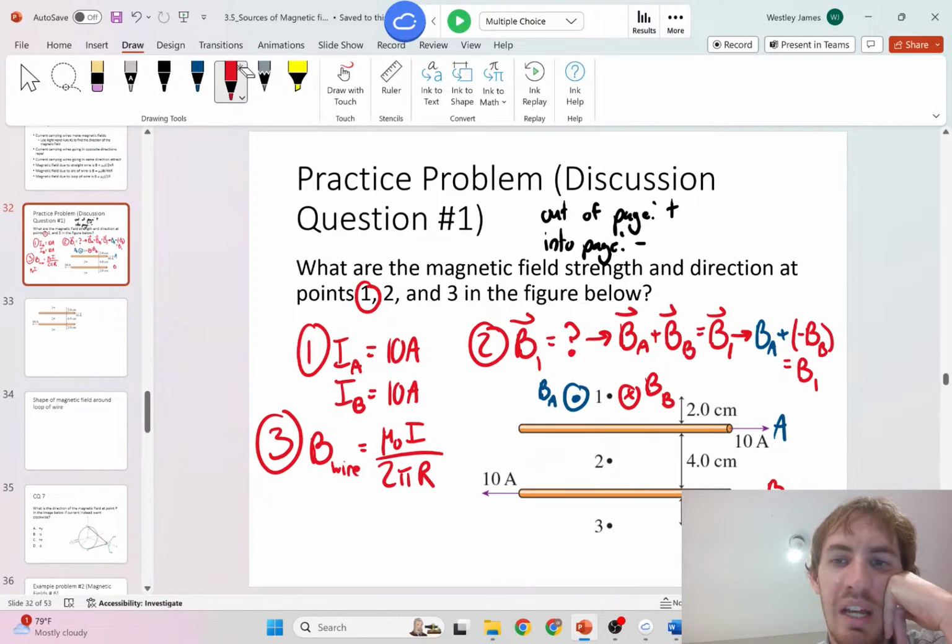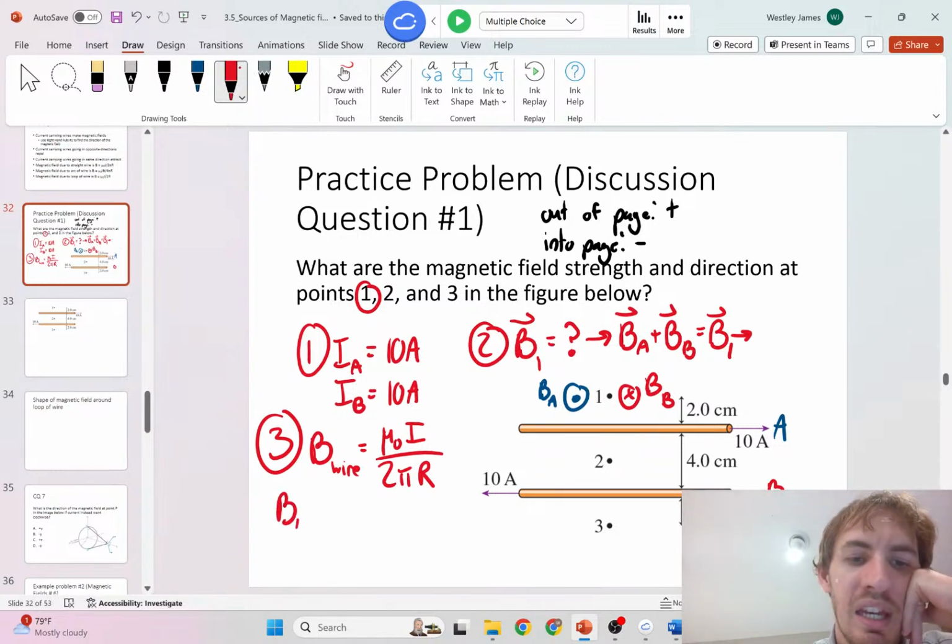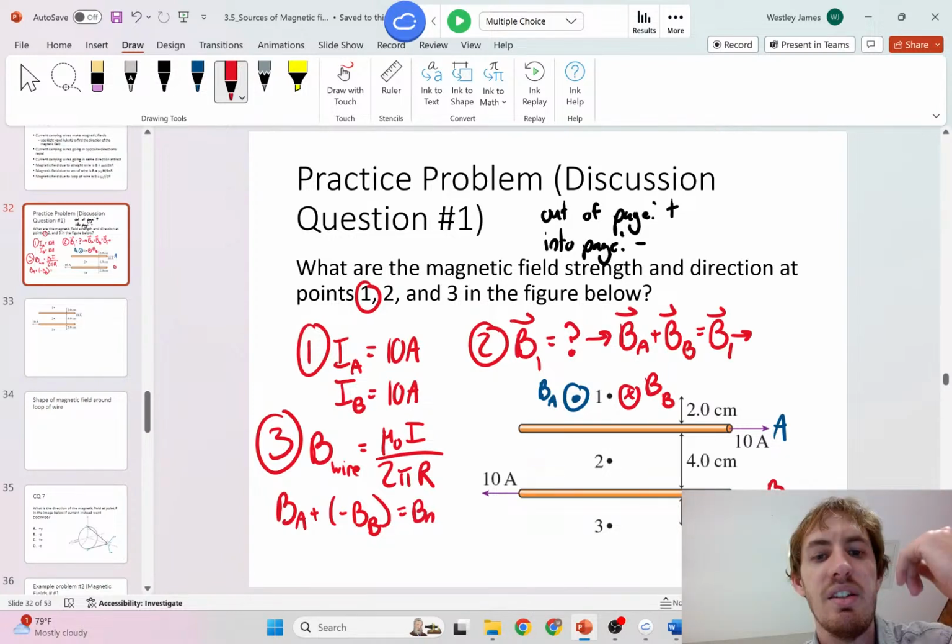So let's just rewrite what I had over here. BA plus negative BB equals B net. The next logical question, let's go ahead and get BA.